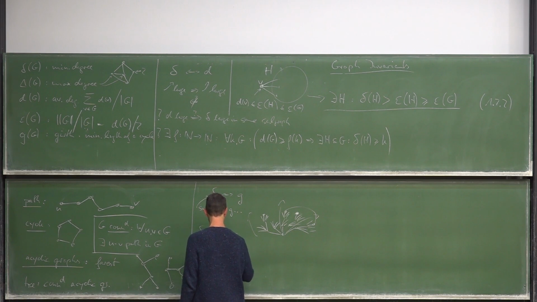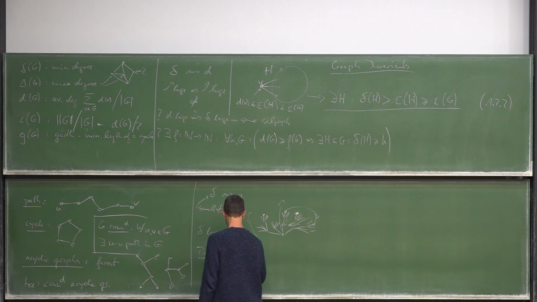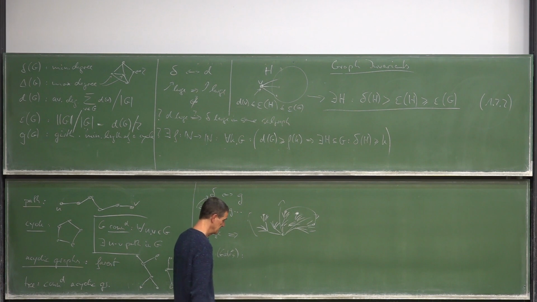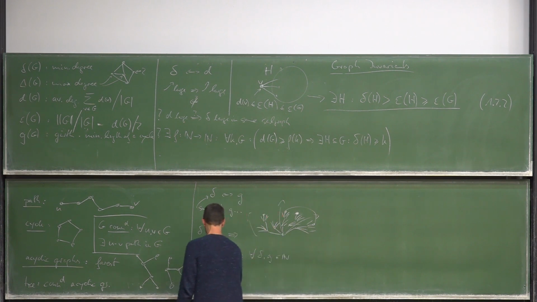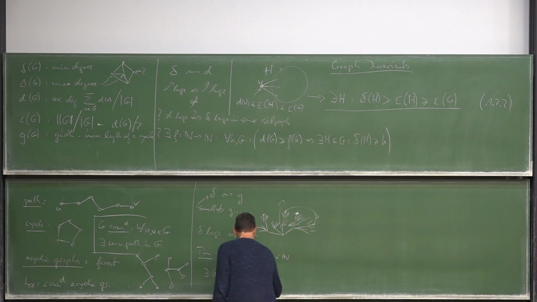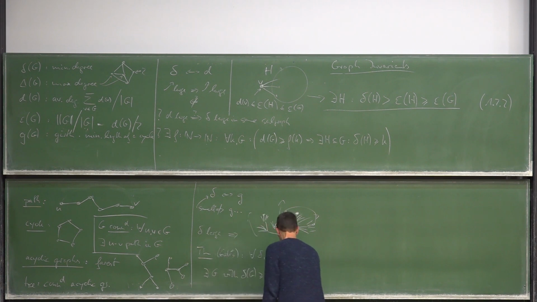which is an intriguing theorem due to Paul Erdős. For every delta and every g integers, there exists a graph G with min degree delta of G bigger than the given delta and girth of G bigger than the given g.